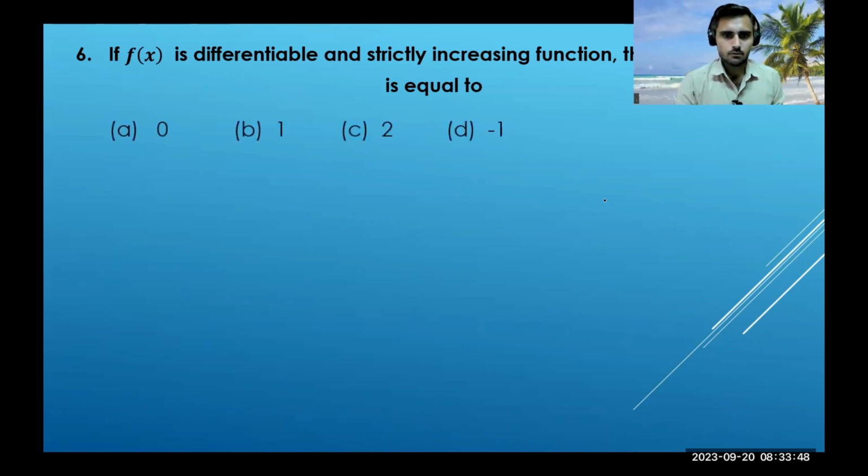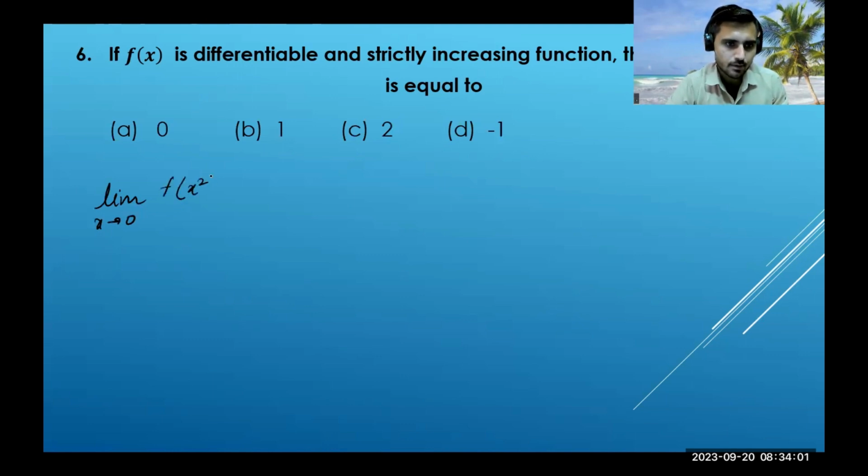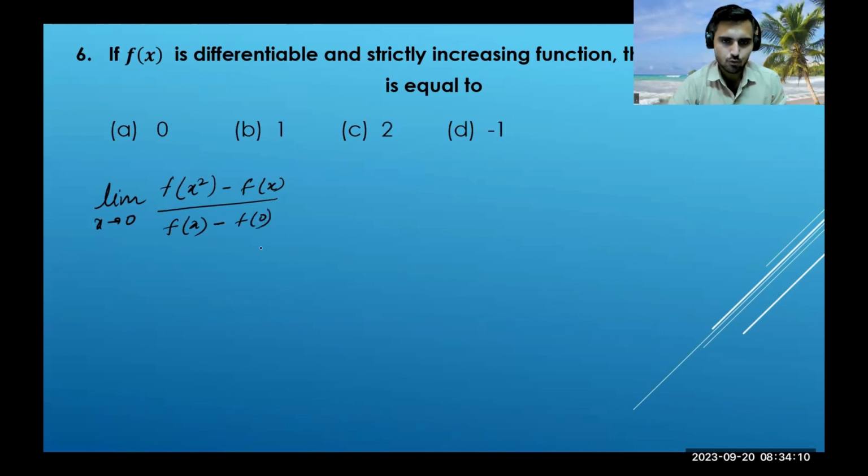We have these options. So limit x tends to 0, and we have the expression f of x square minus f of x upon f of x minus f of 0.